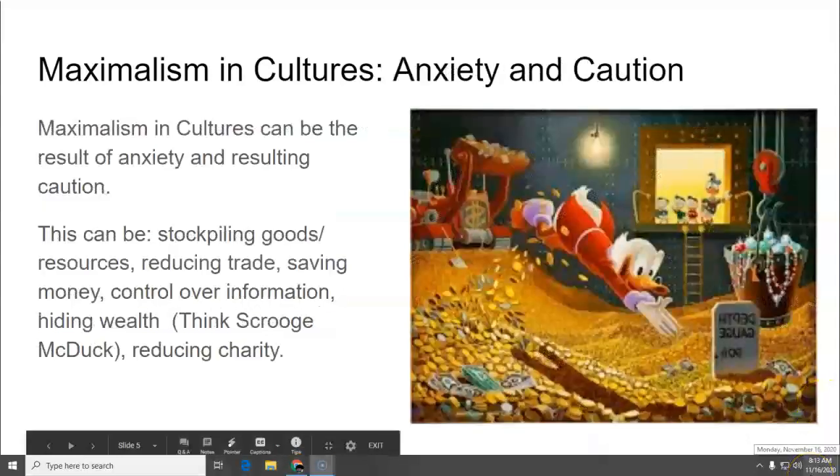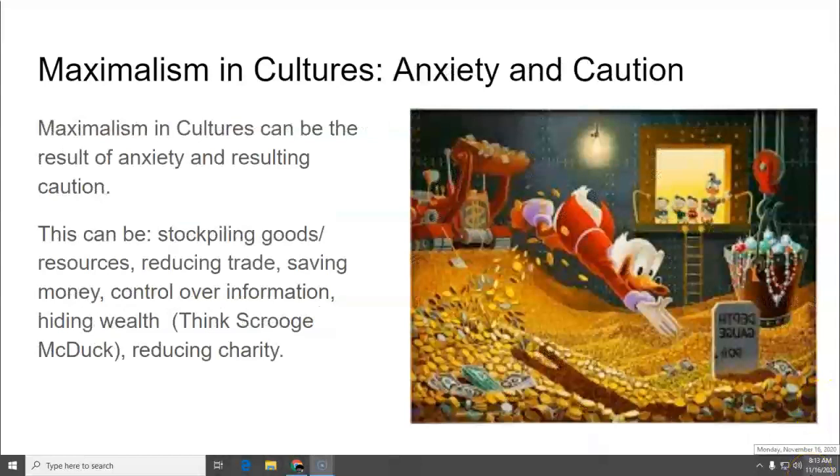So maximalism in culture can be the result of anxiety and the cautionary ideas that result from being anxious. So within a culture, we're talking things like stockpiling goods and resources, reducing trade with other people. We're keeping all of our stuff.